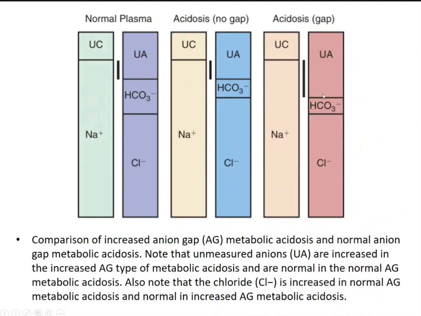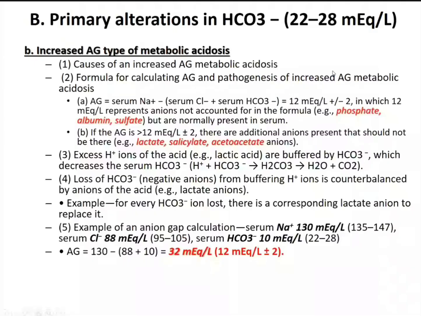All these things have shrunk because there is an increase in unmeasured anions. So you have an anion gap of 130 minus 88 plus 10, which is 32. Normally it should be somewhere around 20. So this is an increase in anions.